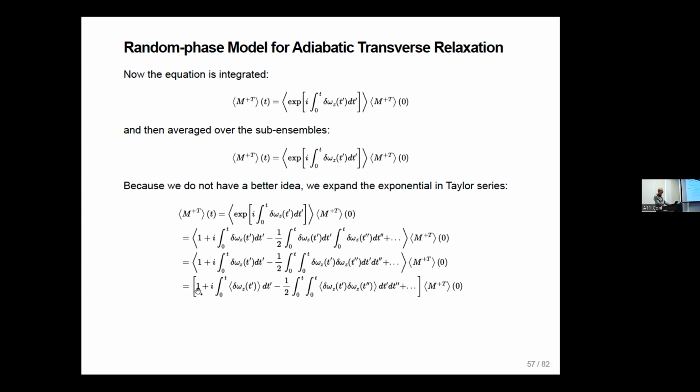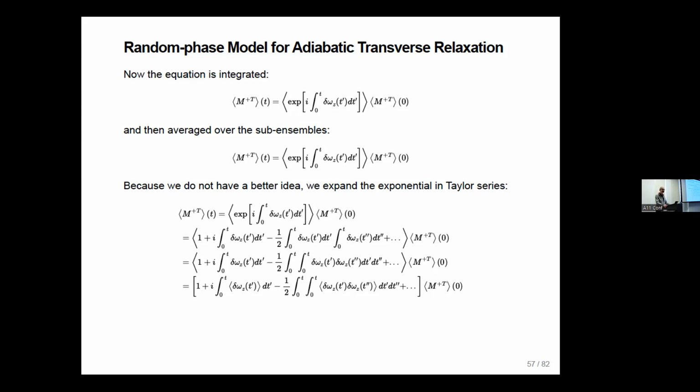So the average of 1 is 1. What's the average of delta omega z? 0. So I set the problem up knowing I wanted this first term to be 0. One of the problems with relaxation theory is it's a lot easier if you already know the answer.